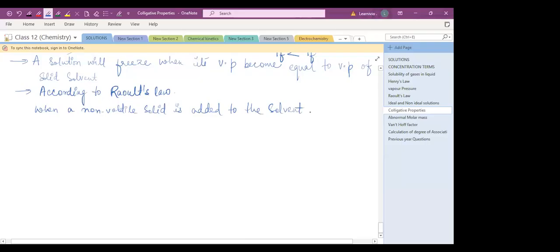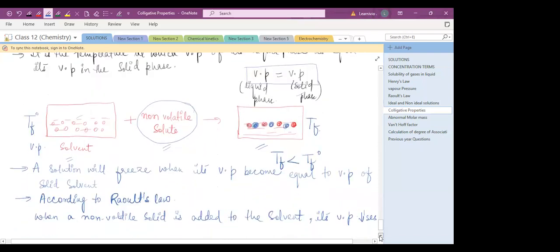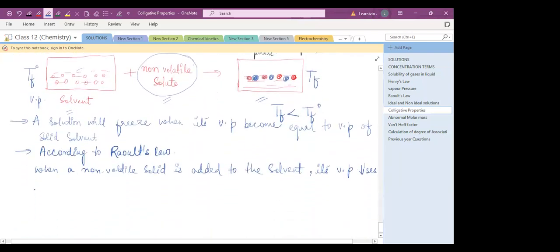Its vapor pressure decreases, and it becomes equal to that of the solid solvent.